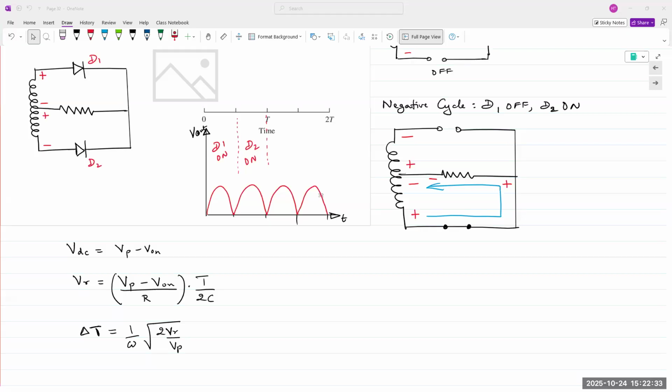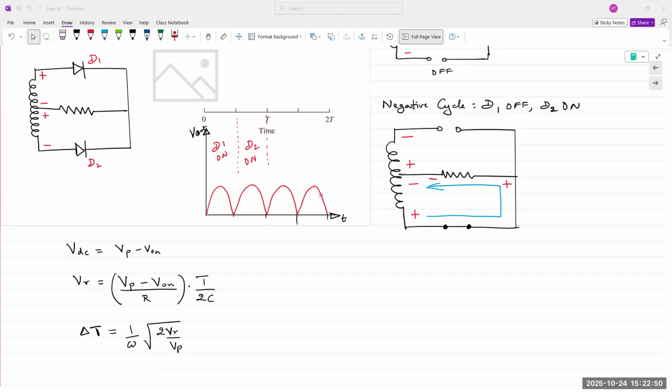All right. So now for the half wave rectifier and the center tap full wave, we only have one diode for each half cycle, so the voltage drop is only 1 V on. For a full wave bridge, there are two diodes for every half cycle, so it's 2 times V on.